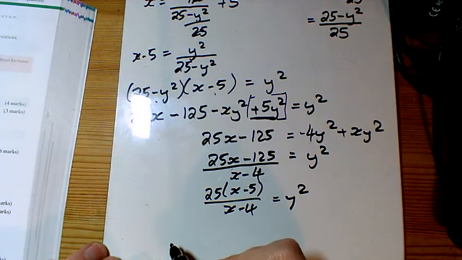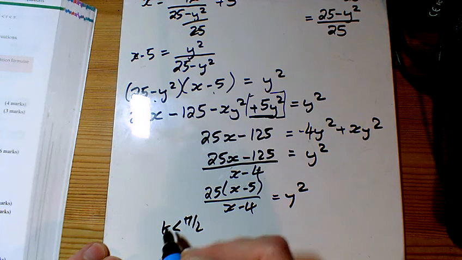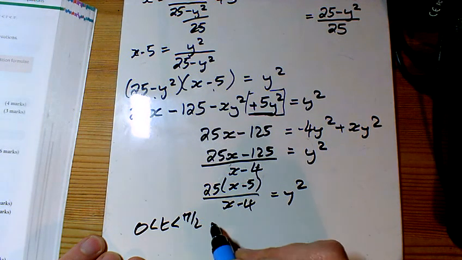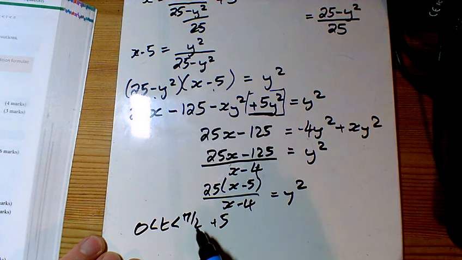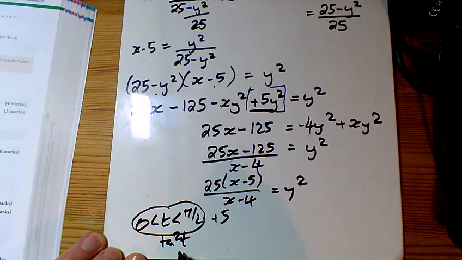So just thinking about the range as well, the domain and the range, we're saying that the t values are 0 to pi over 2. So for the x values, and then plus 5, the lowest the tan squared would ever be would be 0. So this will always be bigger than 5.